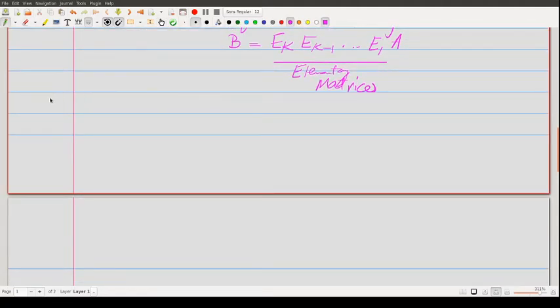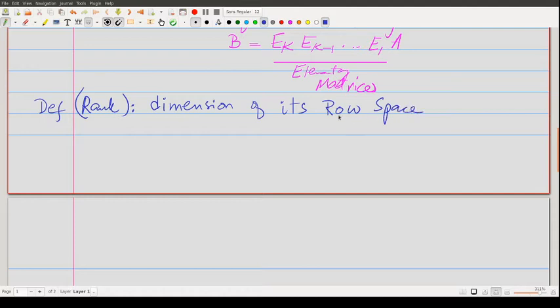The next idea is we define the rank of a matrix. The rank of a matrix is the dimension of its row space. So if the row space is n dimensional, the rank will be n.